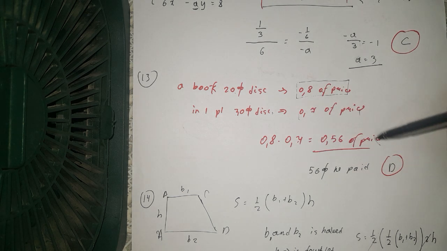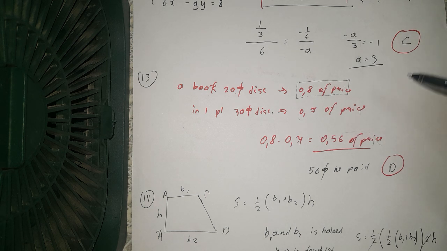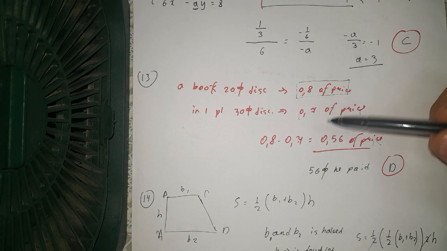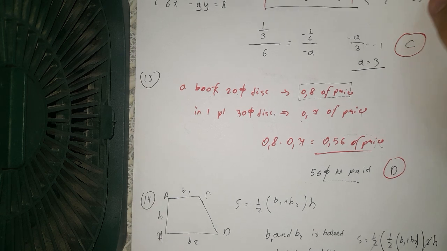I have to just multiply them, and that's the price with two discounts. 56% he paid.